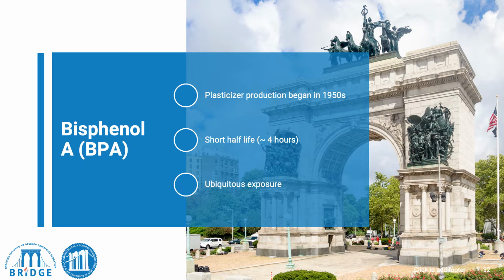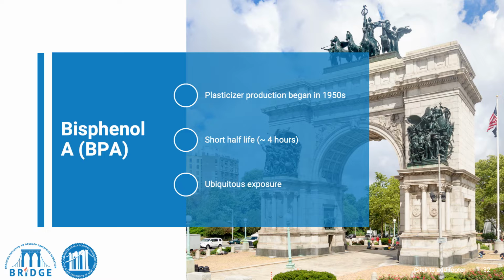Bisphenol A, or BPA, is a common plasticizer. It's found in plastic, and its production also predates a lot of regulation that we have now for some chemicals, including BPA. The production began in the 1950s, so right after World War II, plastic became one of the new wonderful products.